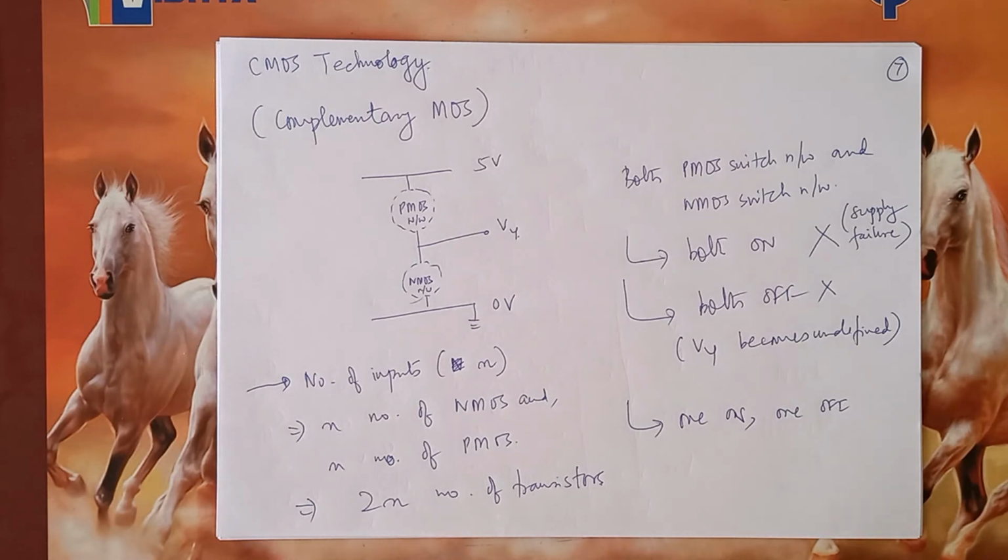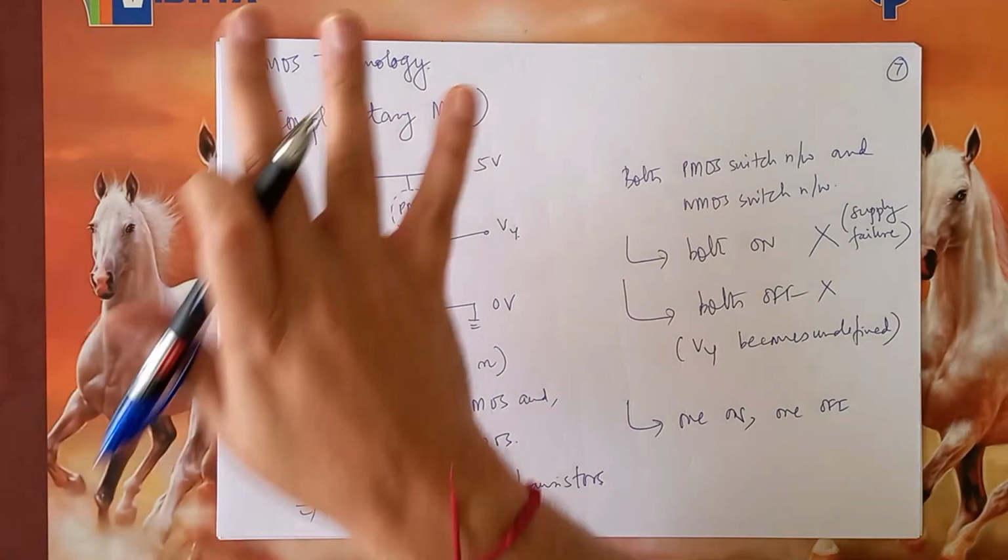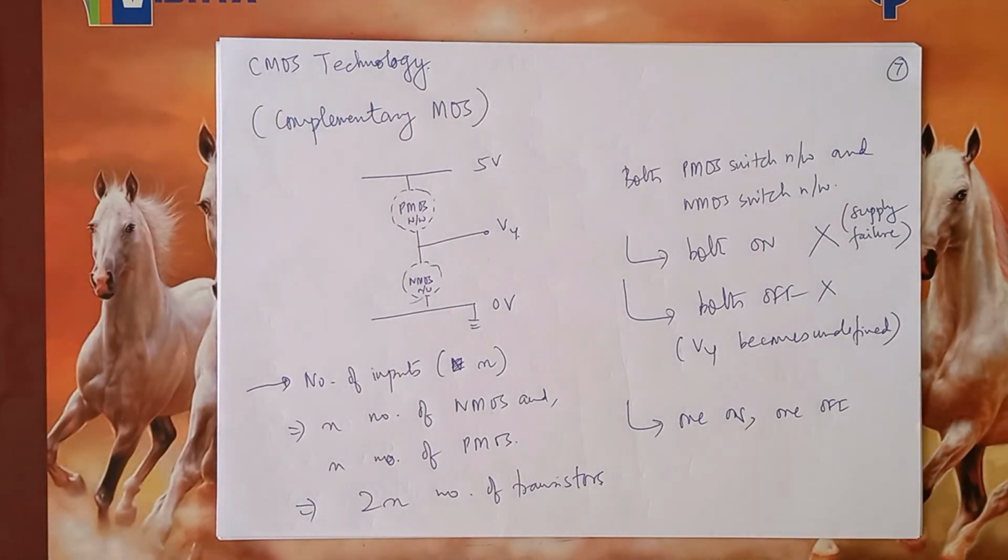So this is what the CMOS technology looks like. And most modern day logic circuits, in one way or another, are dependent on CMOS. CMOS is one of the most successful and widely used logic design approaches that we have today.